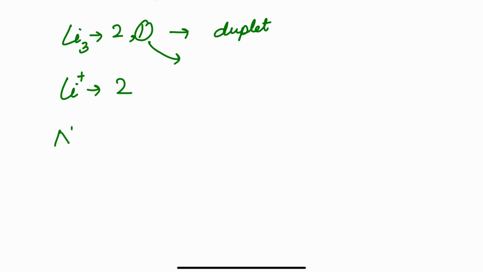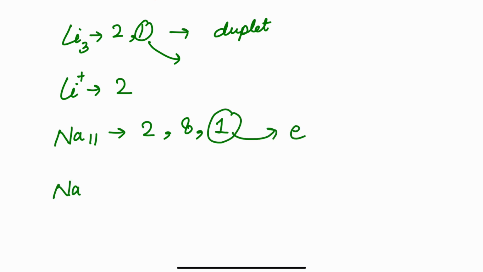Coming to sodium, sodium has atomic number 11. The electronic configuration will be 2, 8, 1. Again, it will lose the electron and become Na positive with electronic configuration 2, 8, completing its octet.